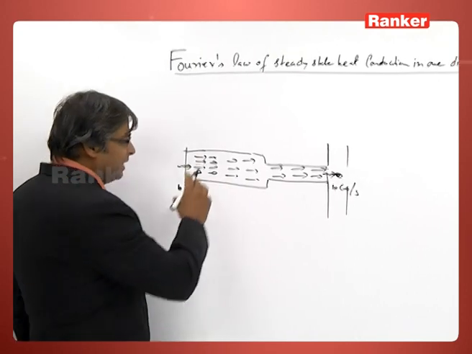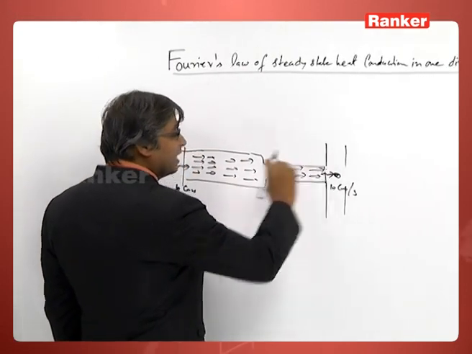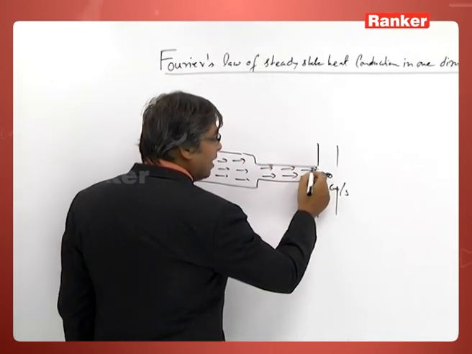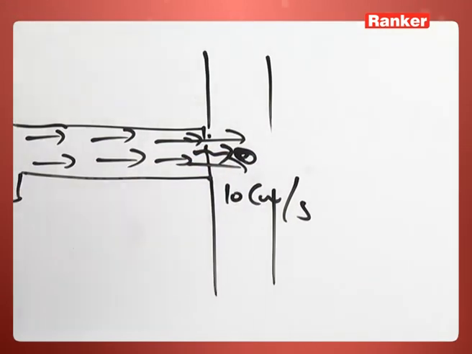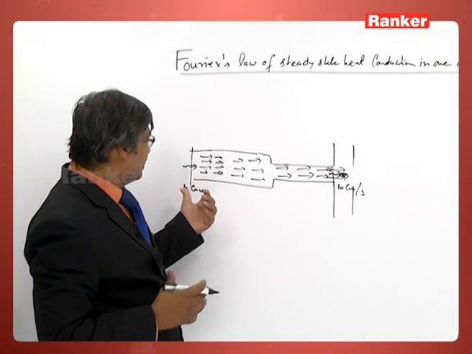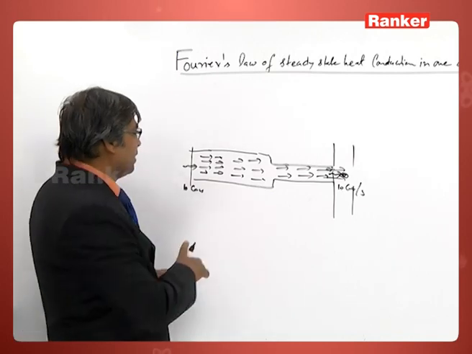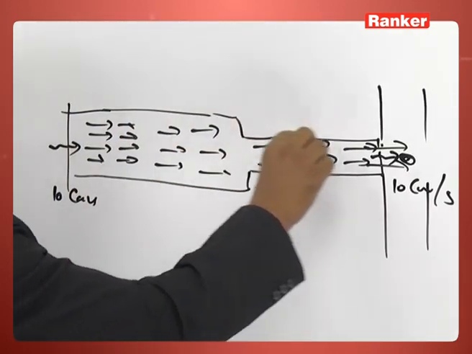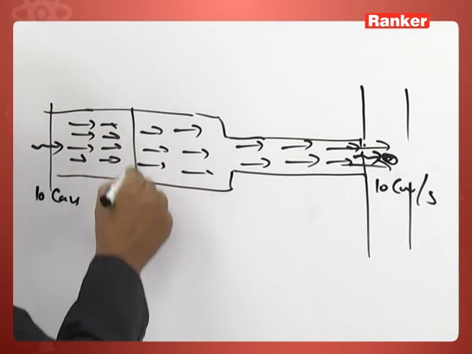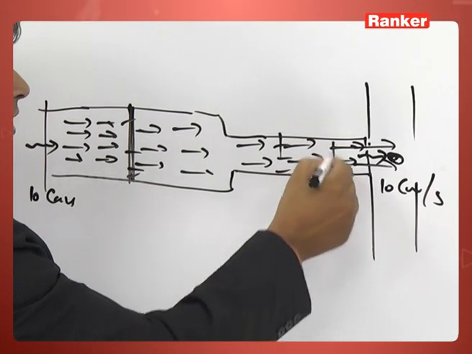You might find that the road width is less here, so the cars must be moving with larger speed here and with lesser speed there. When I say a steady state is reached, that means that however many cars per second are crossing here and here, that is the same.